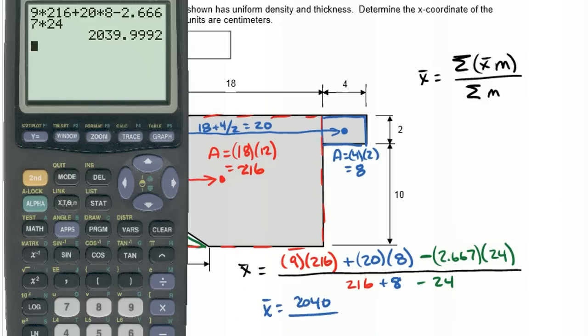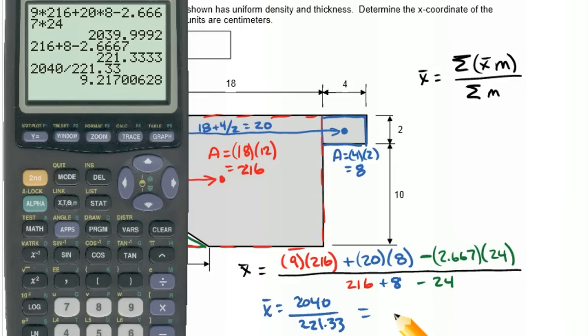And the bottom number is 221.33. That gives me a centroid of 9.22.